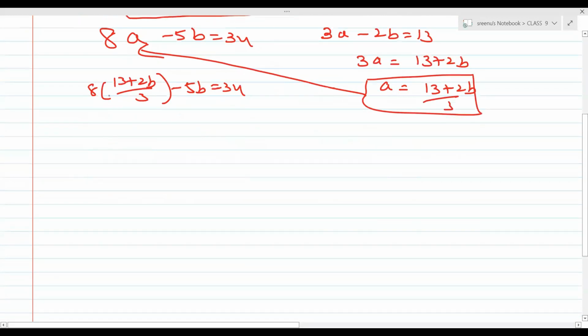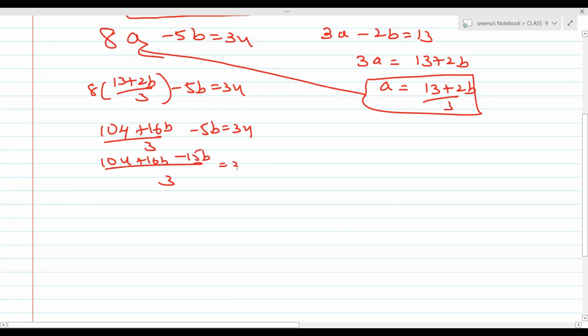So 8 13s, just multiply and tell me. 8 13s are how much? 104. 8 2s are 16b by 3, minus 5b is equal to 34. Take 3 as LCM: 104 plus 16b minus 15b is equal to 34 times 3, which is 102. Transposing 104, b is equal to 102 minus 104, so you will get minus 2.